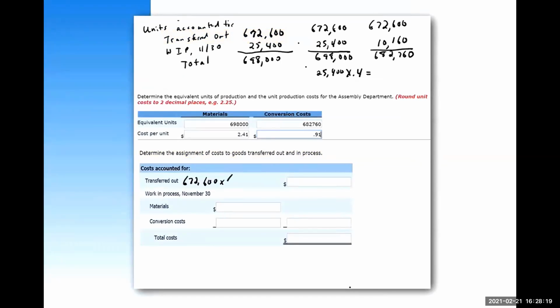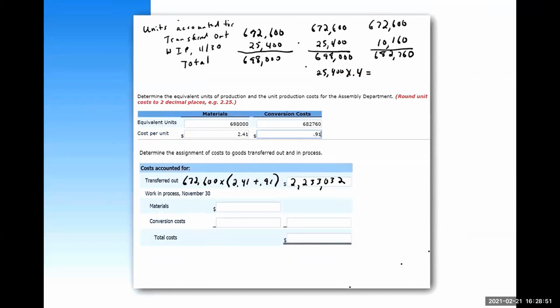Those units were complete with regard to both materials and conversion costs, and so we'll take the 2.41 plus the 0.91, which is the sum of both the materials and the conversion costs, to price that out, and we get a total of $2,233,032.